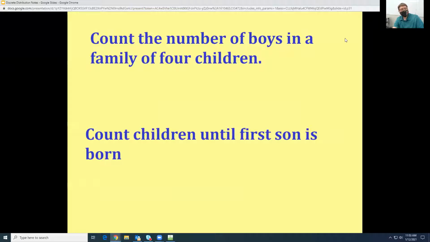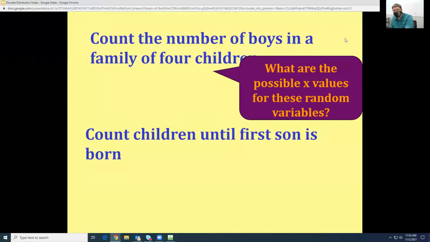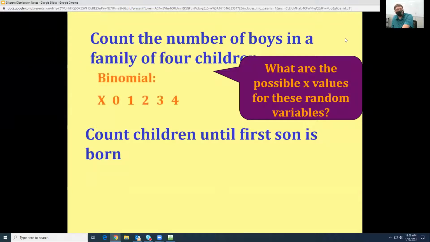All right, so for questions like this, you have to determine when am I doing a binomial versus when am I doing a geometric. The first question on here says, count the number of boys in a family of 4 children. This one is binomial because there's only a certain amount of values available for X. Either I have 0 boys, 1, 2, 3, or 4.